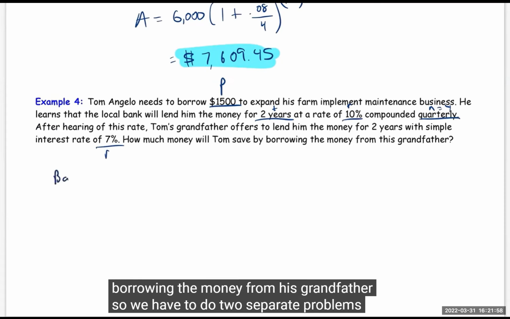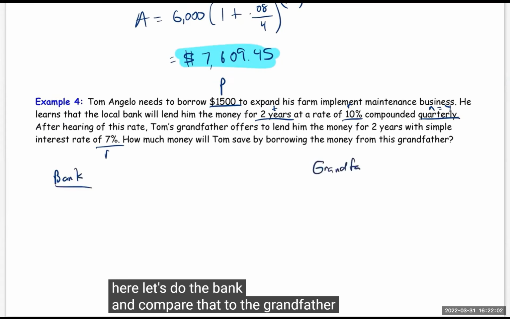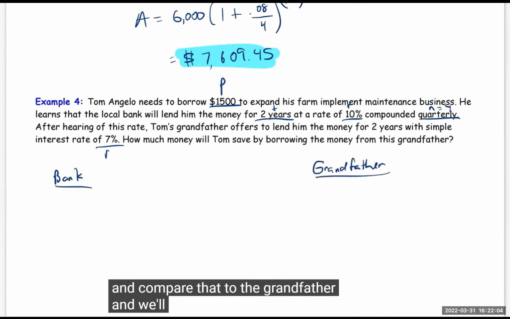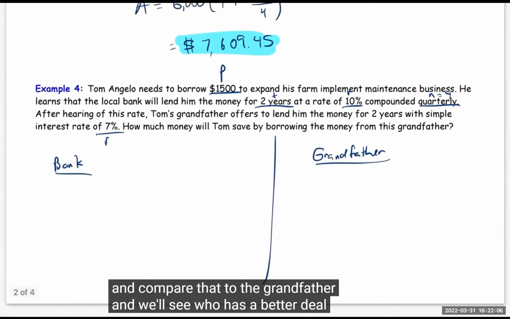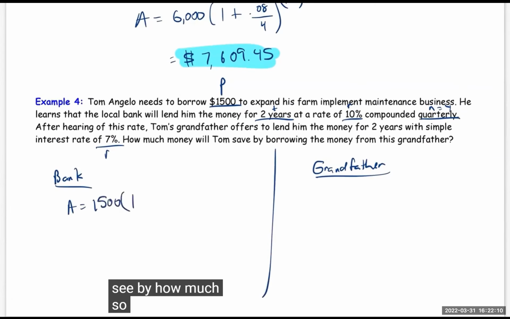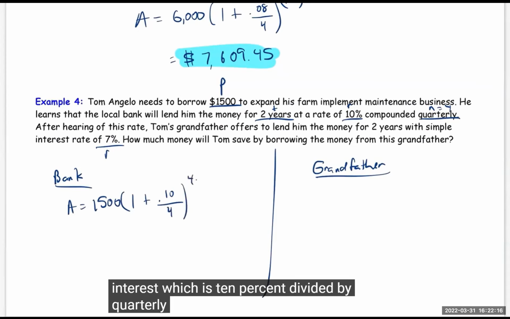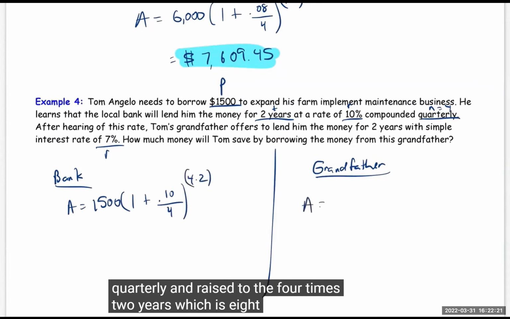So we have to do 2 separate problems here. Let's do the bank and compare that to the grandfather. And we'll see who has a better deal. Clearly the grandfather does, but let's see by how much. So principal, 1 plus interest, which is 10%, divided by quarterly, N, raised to the 4 times 2 years, which is 8.